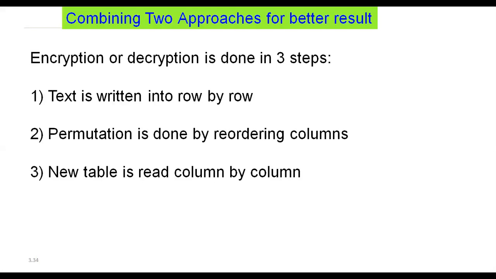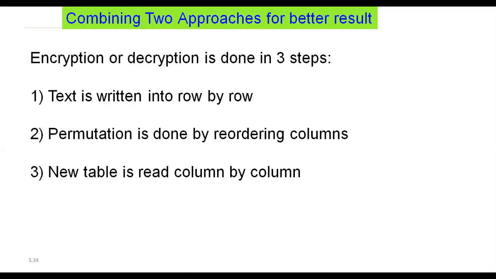First step is, our text is written row by row. Then permutation is done by reordering the columns. That means after writing the entire text row by row, just reorder each and every column.